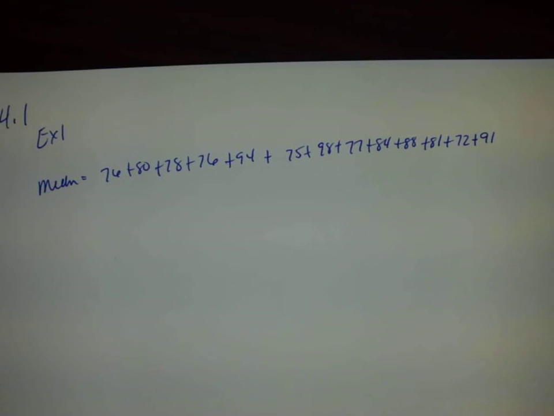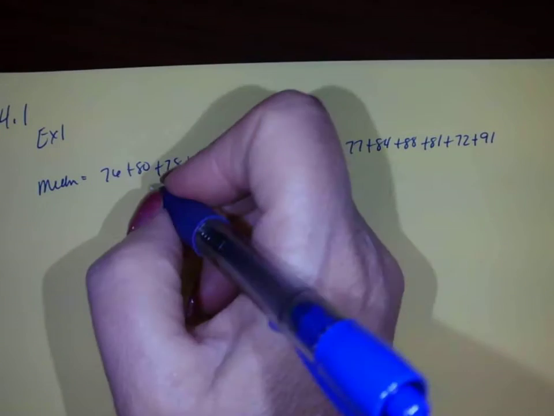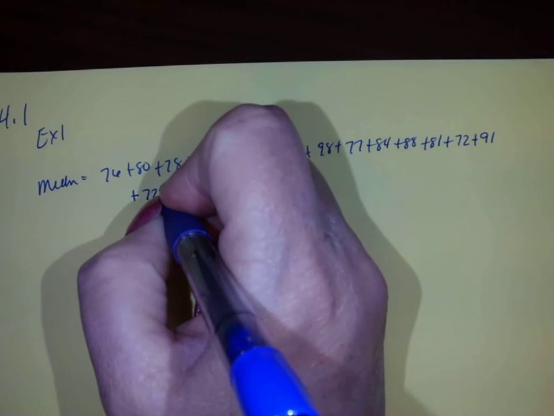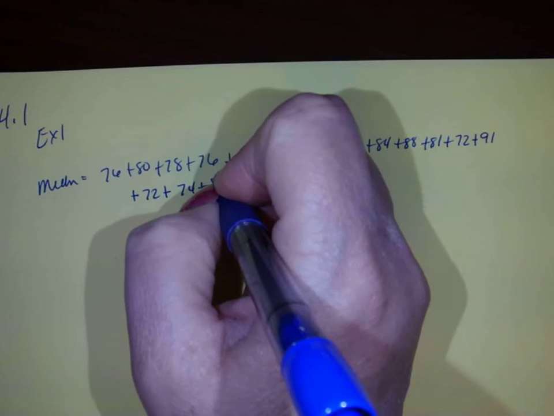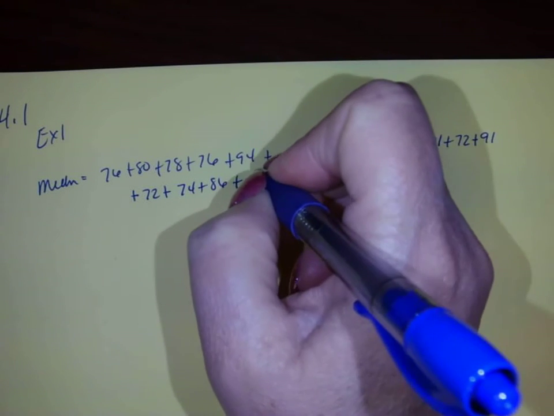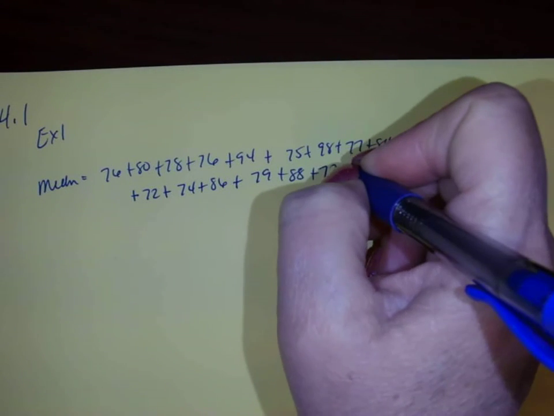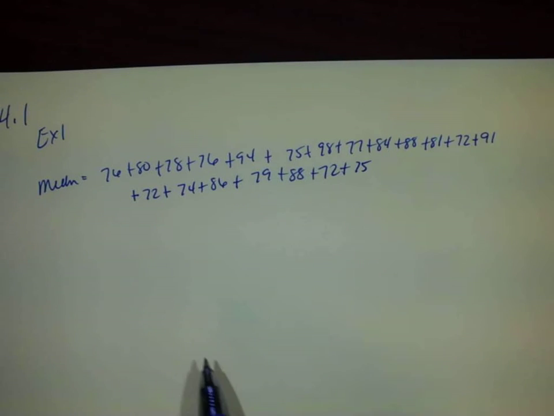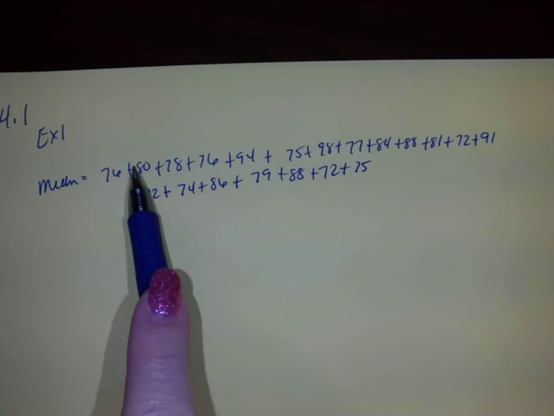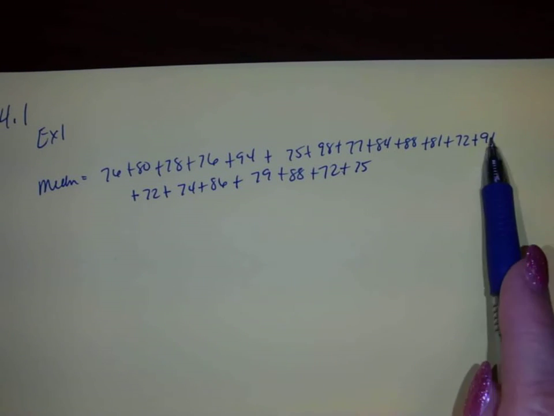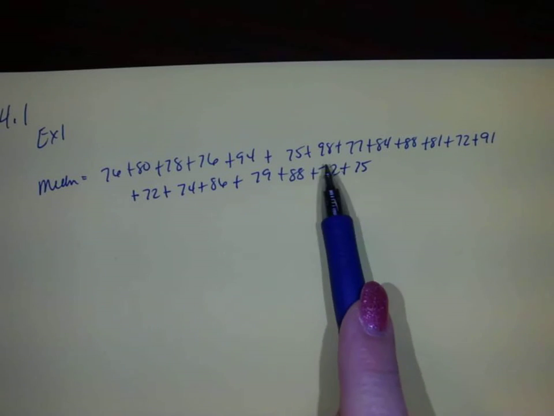And then I'll bring them down because I don't have enough room to write them all. Plus 72 plus 74 plus 86 plus 79 plus 88 plus 72 plus 75. So let's make sure we have them all. 1, 2, 3, 4, 5, 6, 7, 8, 9, 10, 11, 12, 13, 14, 15, 16, 17, 18, 19, 20.